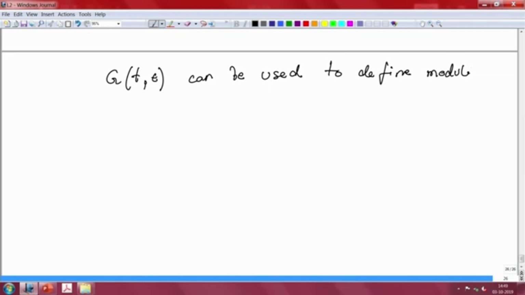And in polymer engineering, a lot of people use the function g at t equal to 0 to given epsilon divided by that epsilon, and this is also called the initial modulus.